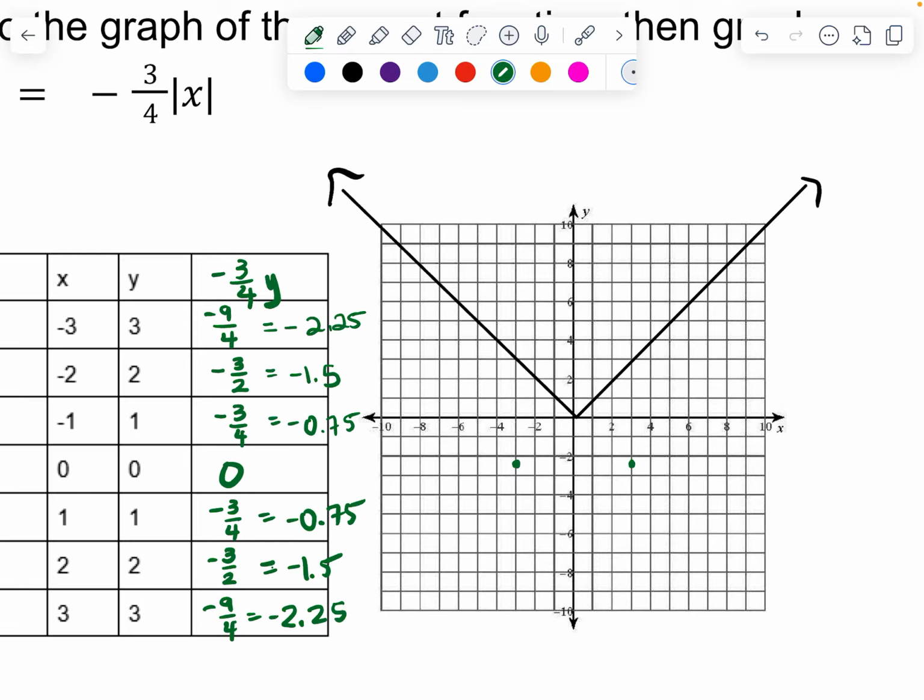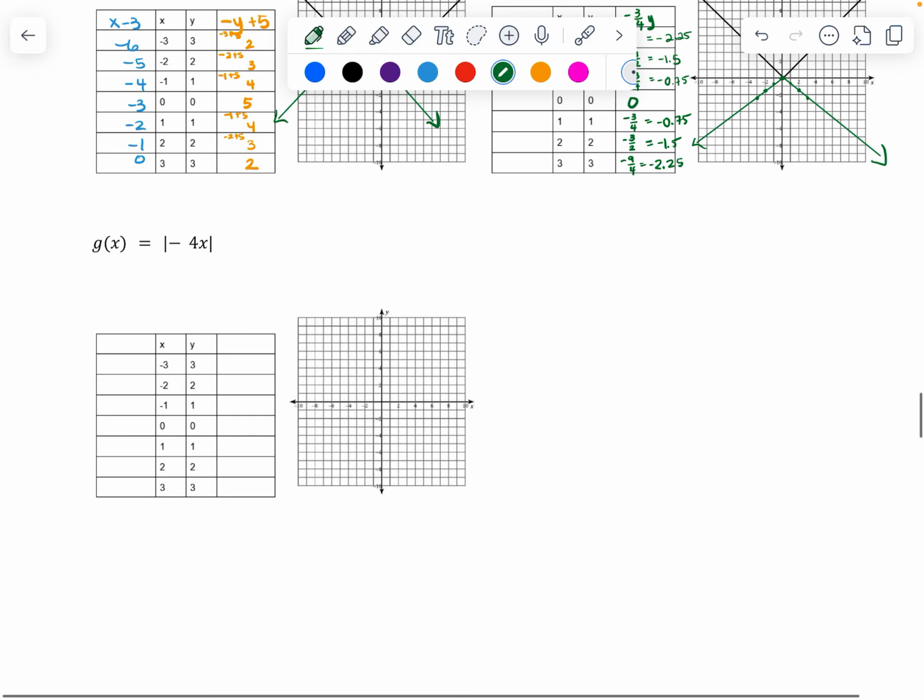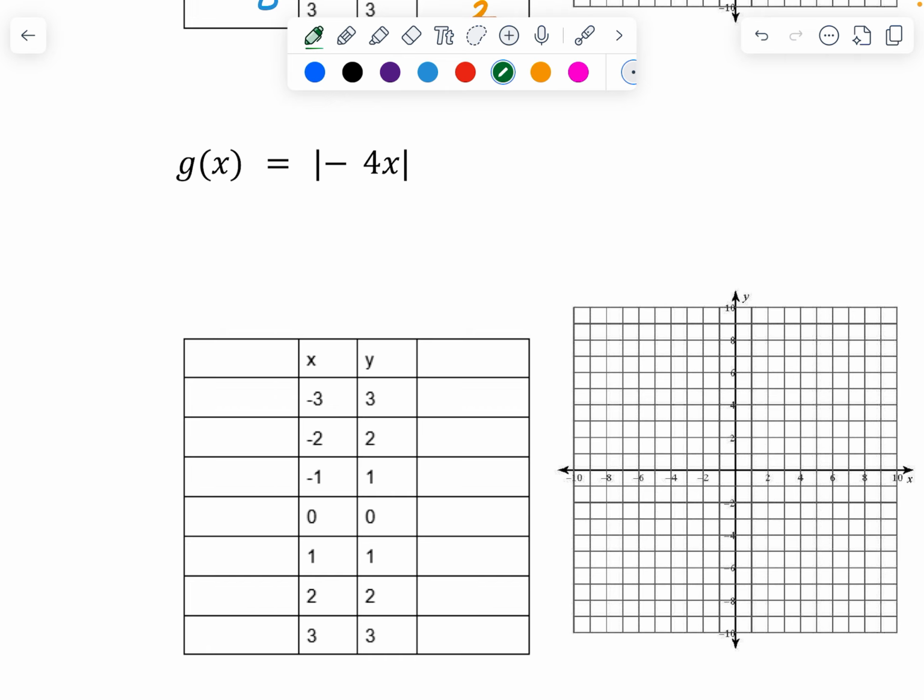And then I have -2 at -1.5, and 2 at 1.5. And then I would have -1 at 0.75 and 1, and 0, 0. There we go. Okay. Awesome. And then this last one, I'm doing the inside.